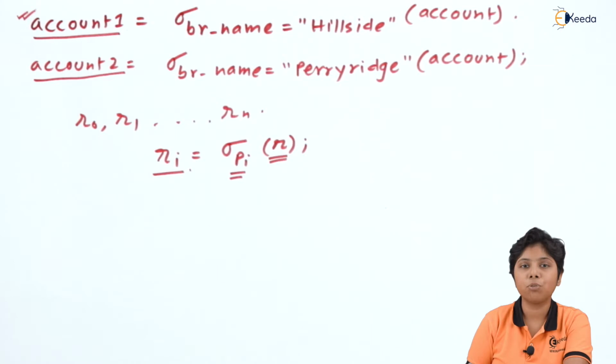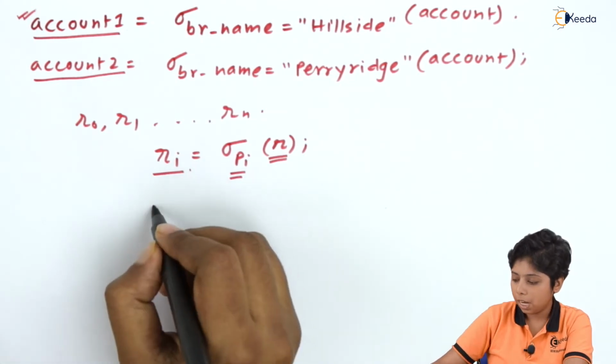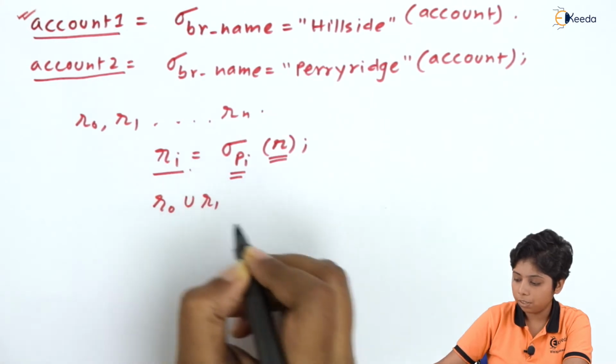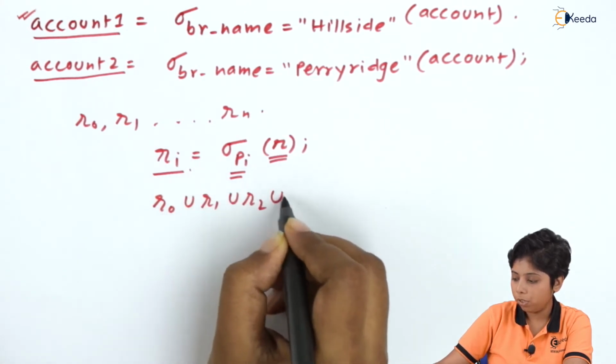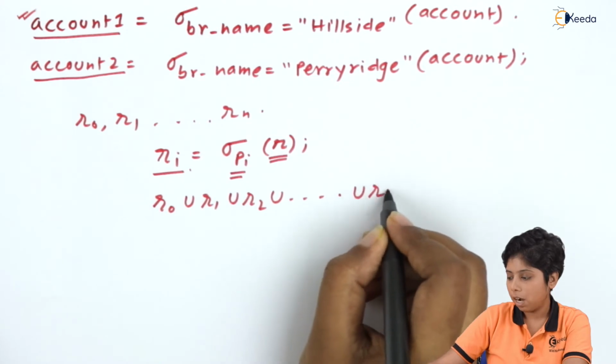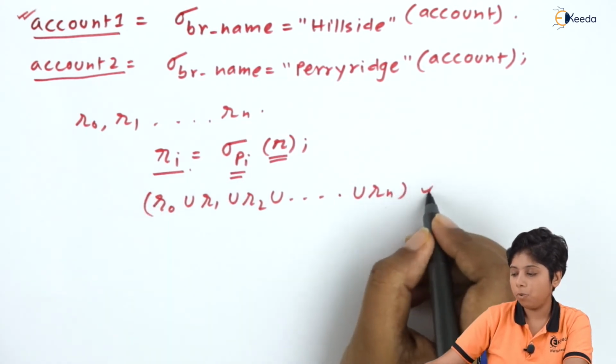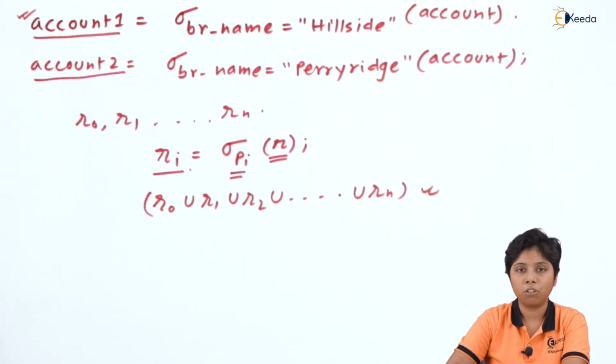Now if we want to reconstruct the relation, we can perform R0 union R1 union R2 union up to Rn. This is the formula for reconstructing the relation.